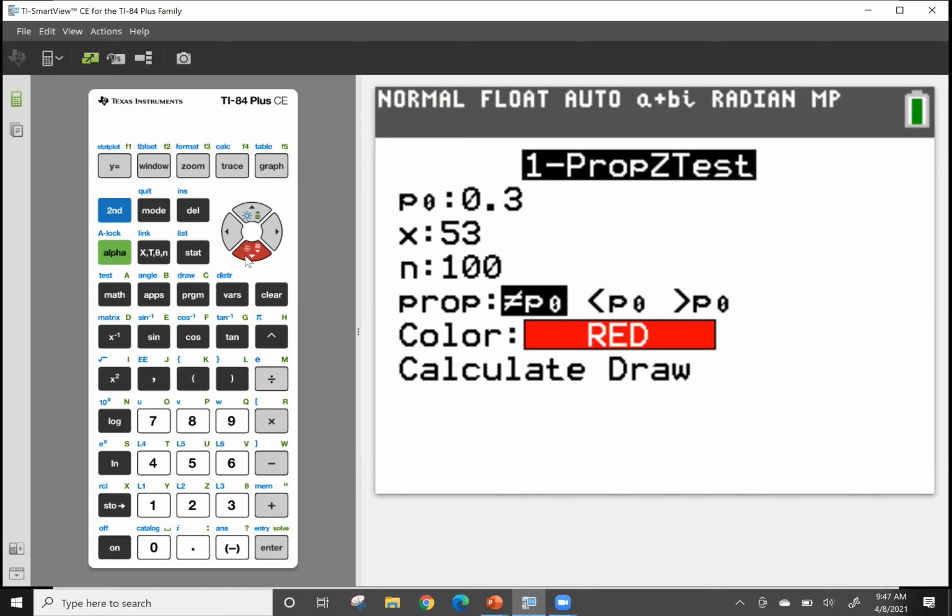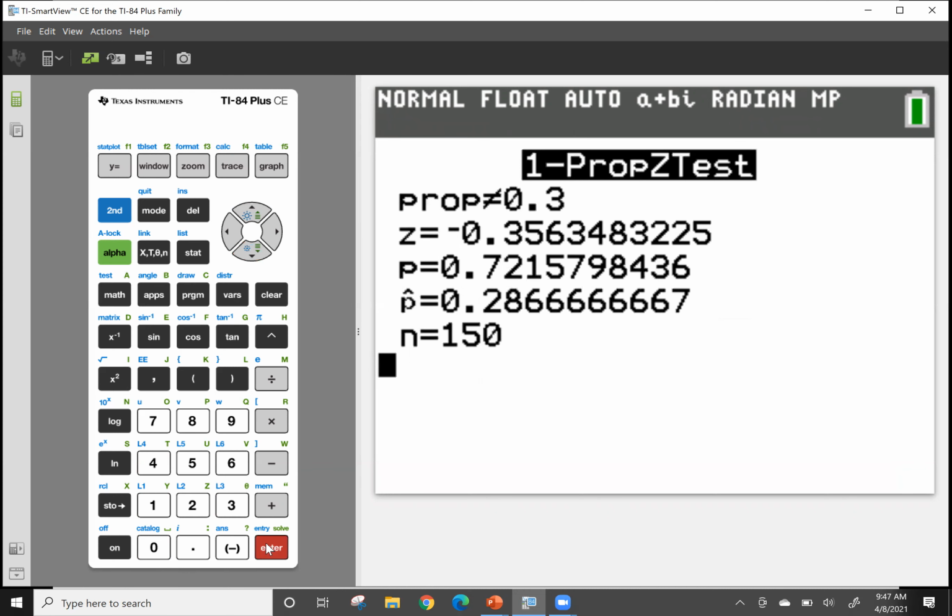How many out of how many? The sample size was 150, right? So what was the number that said that they had 3 cell phones? 43, thank you. Somehow that didn't get written down in my notes. I don't know how, but it didn't. It's a two-tailed test, so it's not equal to. Calculate. So what's our p-value? Huge, 0.72. That's pretty big, really big.